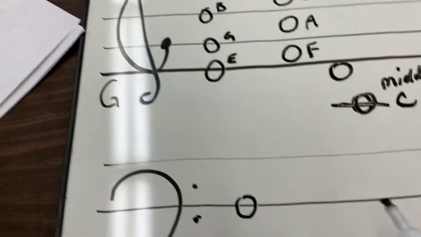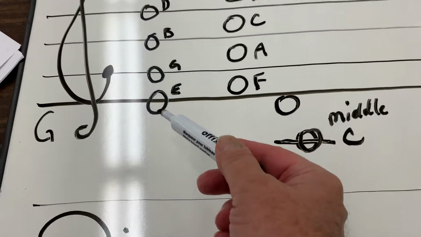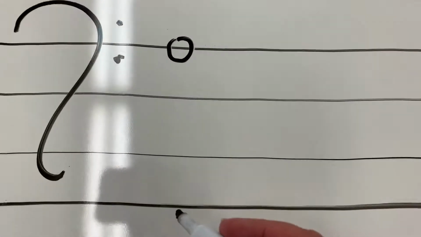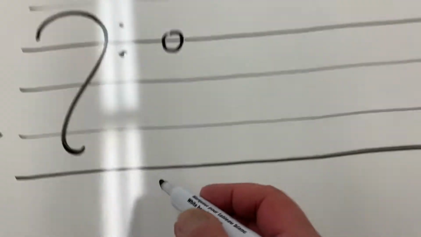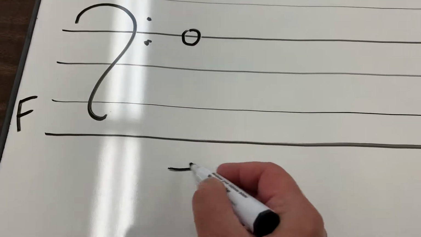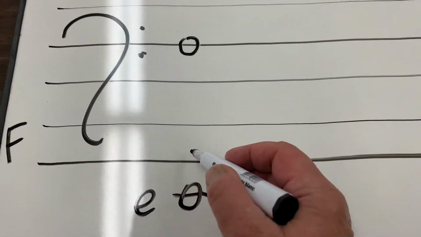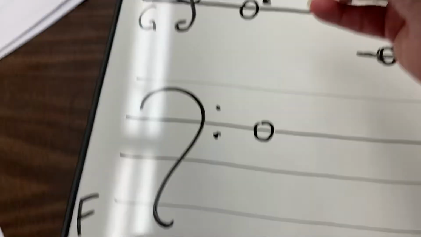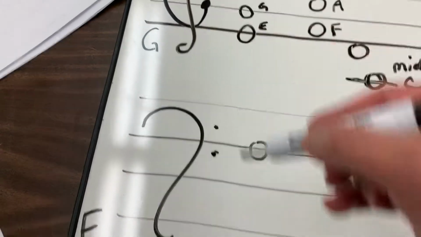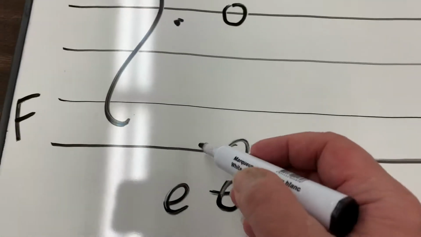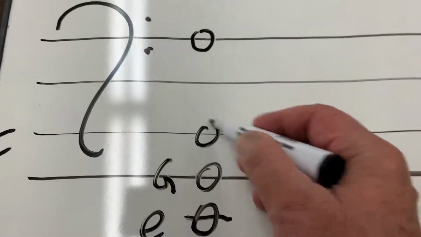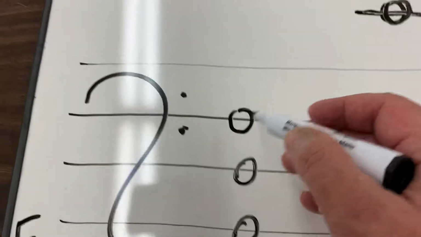This E, being the bottom line, would be in the bass clef, looking like the middle C. That would be your E. Every good, so it's actually what's above there, but the next line below. See? E, G, B, D, F.